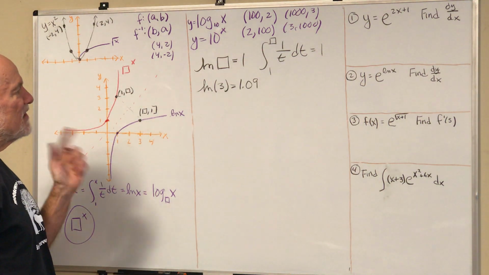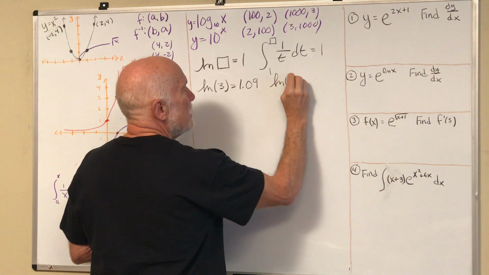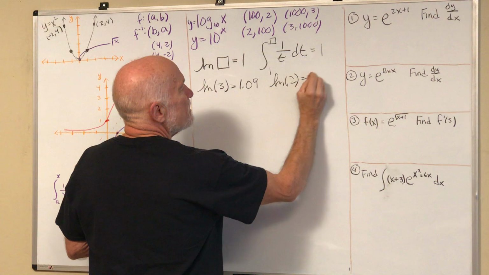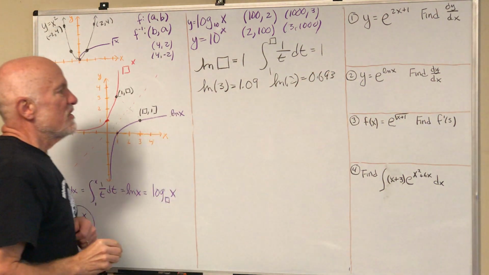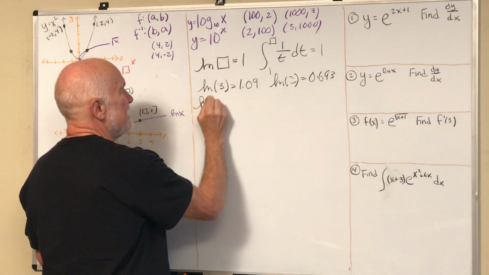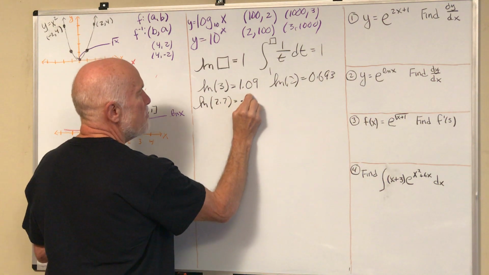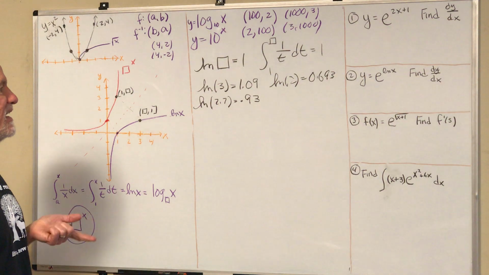So I knew it had to be a little bit less than 3. So I plugged in 2, and I got 0.693. So I knew it had to be somewhere in between 2 and 3. I tried 2.7 and I got very close, like 0.993. I'm getting really close to 1.